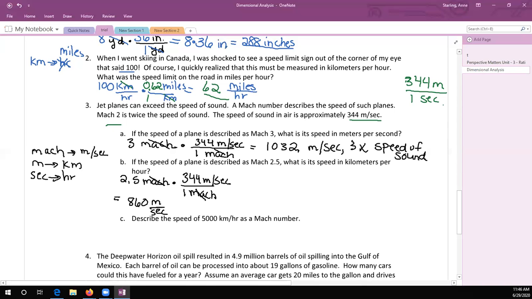And I wrote it that way because now we're going to have to do a little bit of creative work here. So that's 860 meters in 1 second. Okay. Whichever order you do this in is up to you. I'm going to go meters to kilometers first.